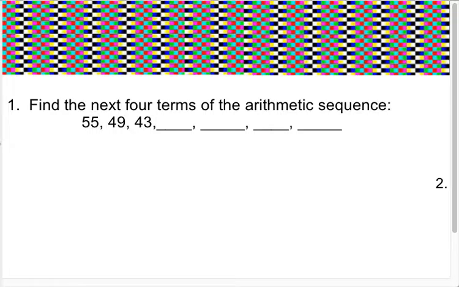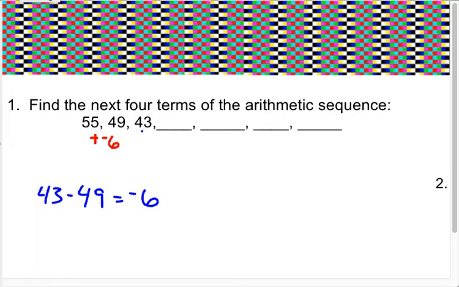It says find the next 4 terms in the arithmetic sequence. Usually take a term, I'll take like 43 and subtract the term before it. 43 minus 49 is actually negative. It's -6. And you can have a common difference of -6. If you look at this, what's 55 plus -6?